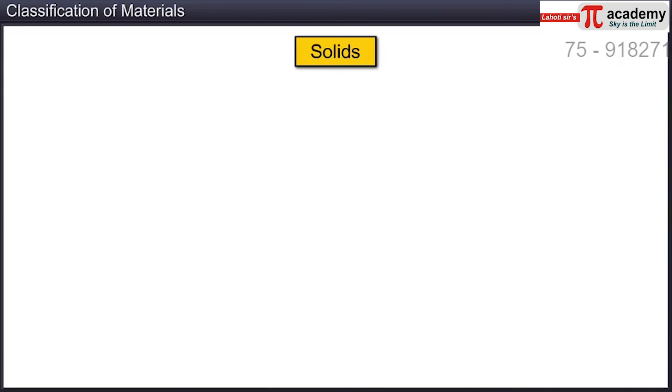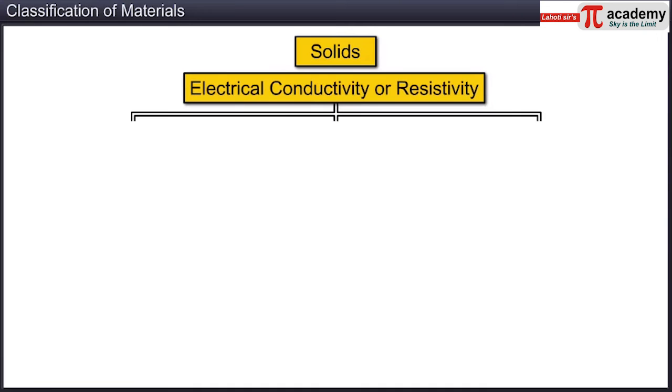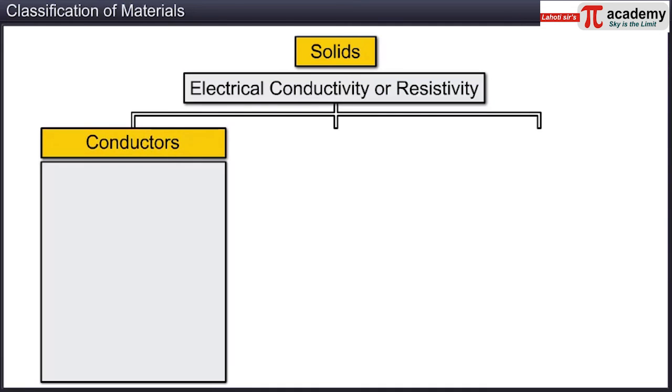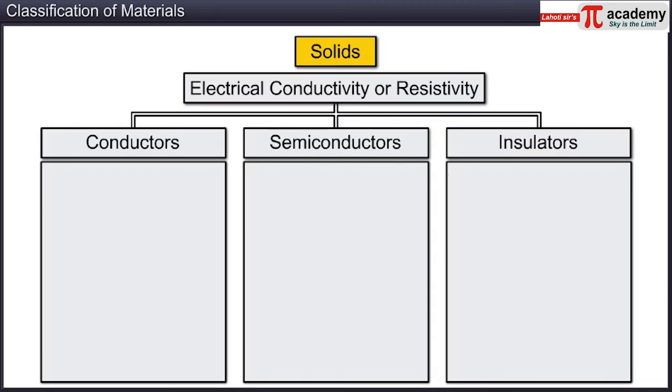Solid materials are broadly classified into three categories on the basis of their electrical conductivity or resistivity. These are conductors, semiconductors, and insulators.